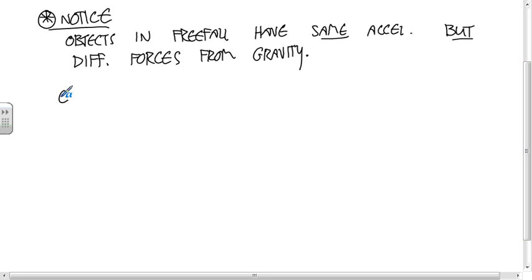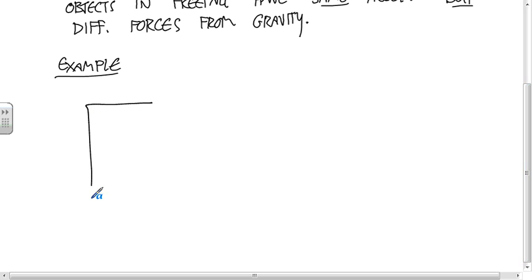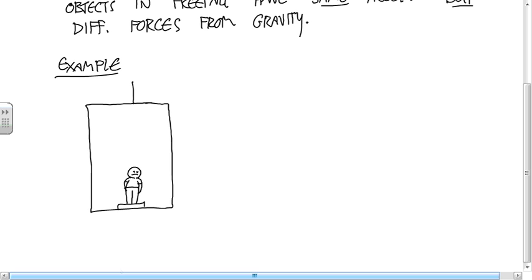Okay, so here's another example. Any questions about these examples before we do another one of these? Okay, so there's the elevator, scale, person. The person has a mass of 50 kilograms.